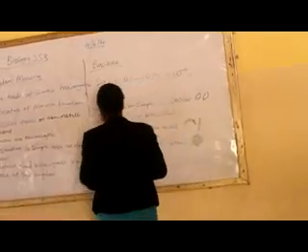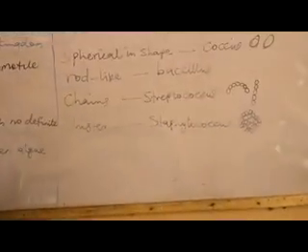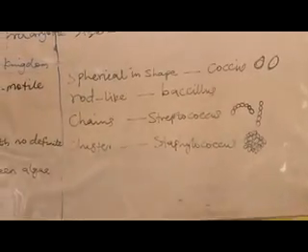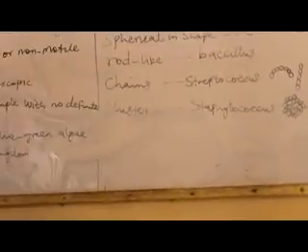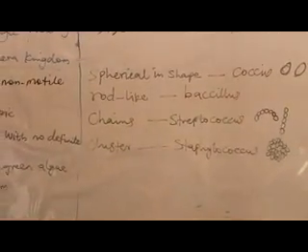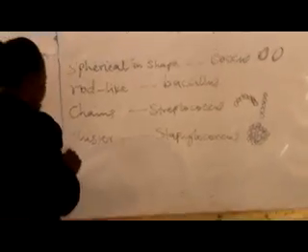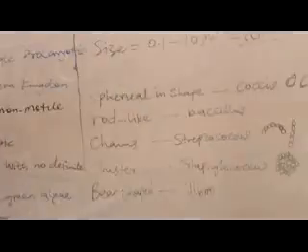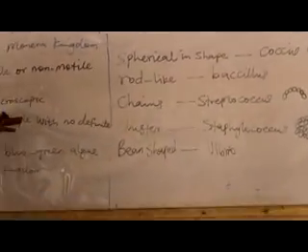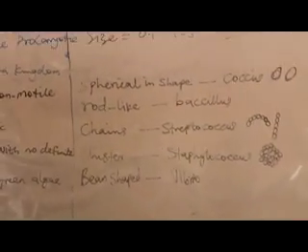Then if they are in spiral shape, we call them spirochaetes. Then if they are bean-shaped, we call them vibrio. So when you hear vibrio cholerae, it means that bacteria is bean-shaped.